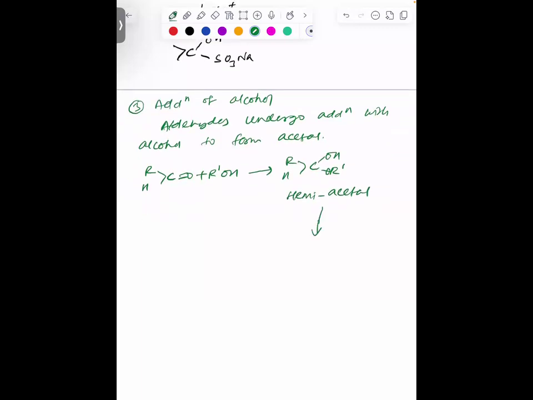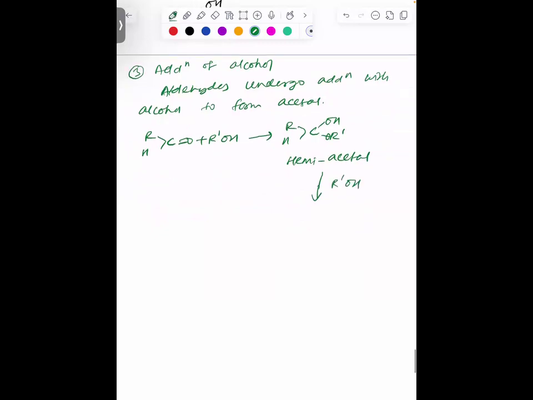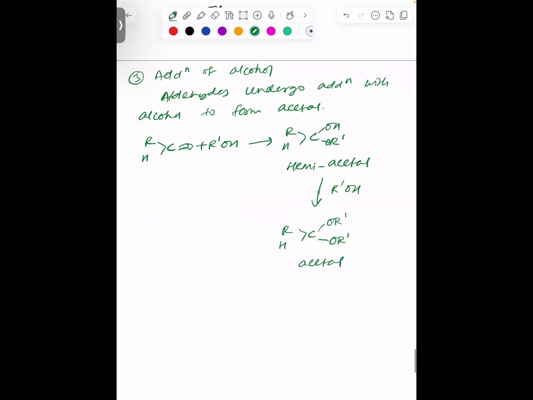So further addition of one more alcohol molecule gives acetal. That gives acetal. Note down. Then note down quickly.